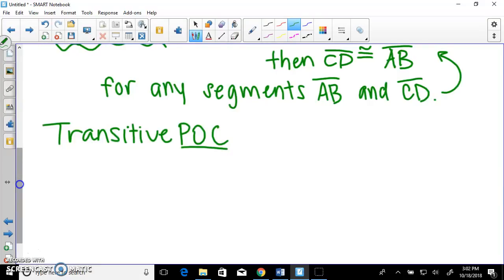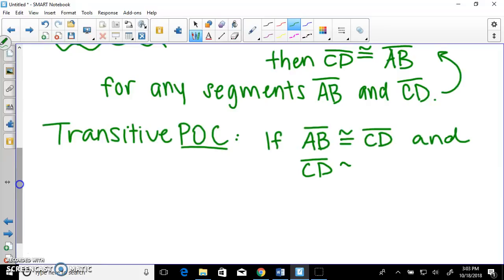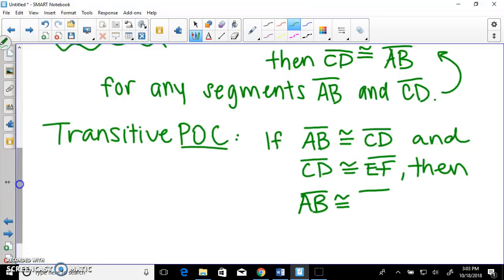Here's what it says. If segment AB is congruent to segment CD, and segment CD is congruent to segment EF, then segment AB is congruent to segment EF.